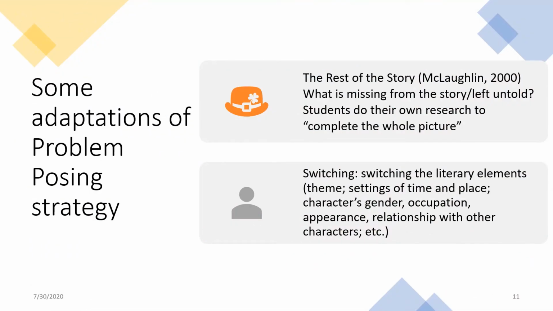The rest of the story is an adaptation of problem posing that encourages students to use their background knowledge to examine what is missing or underrepresented in a text and to research that perspective. Switching is a very effective strategy to be used here.